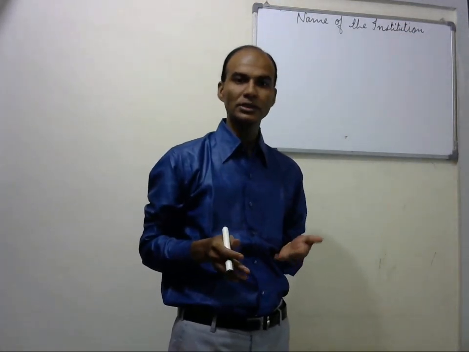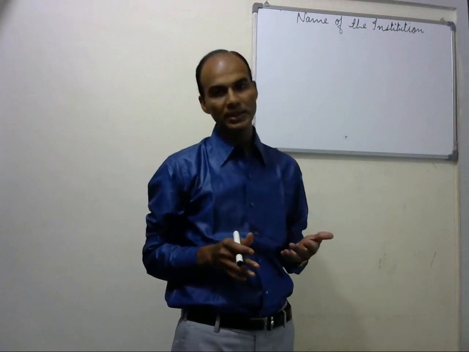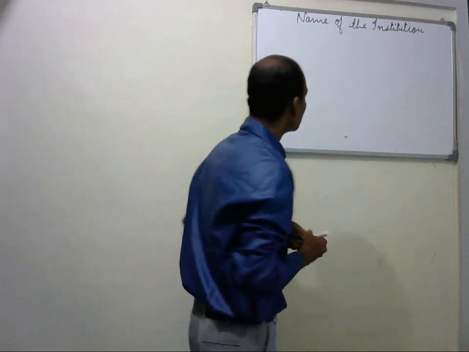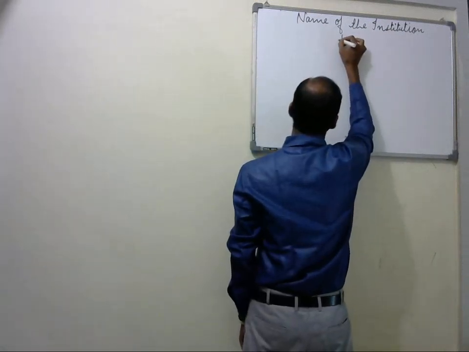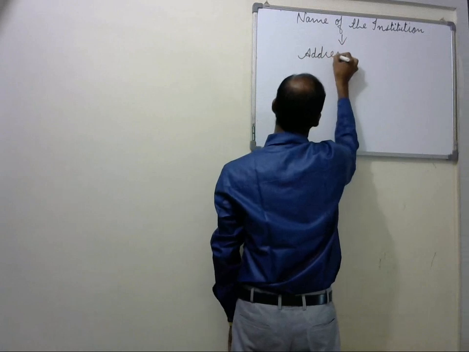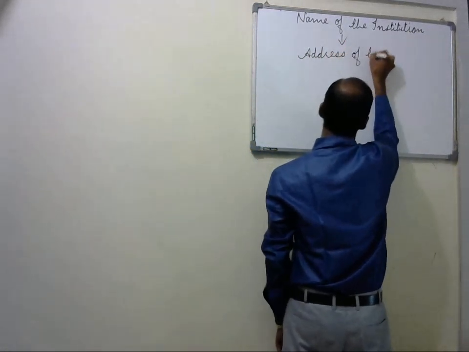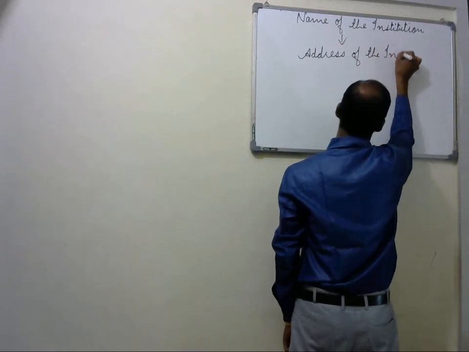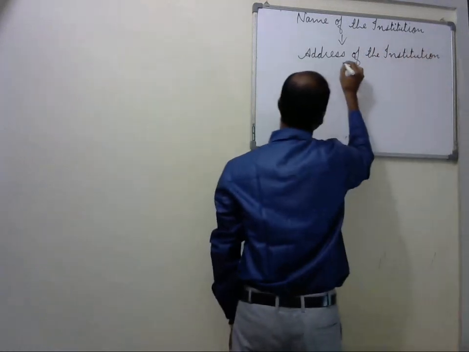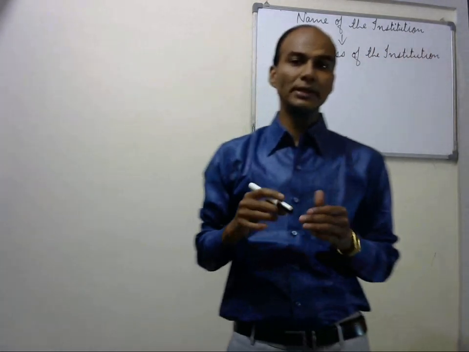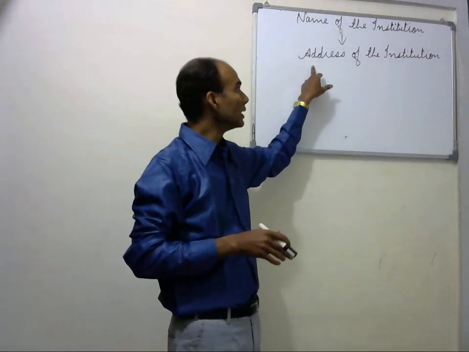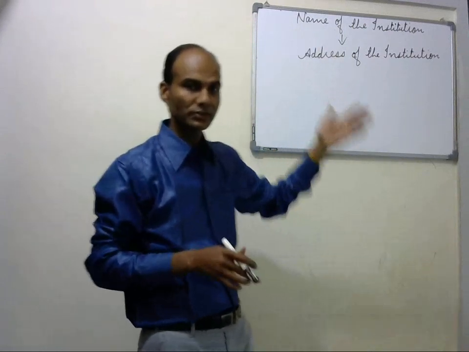Generally the notices given to you in your exams are related to schools. So first we write the name of the school. In the second line, you can write the address of the institution. Now it's not necessary to write the address in the second line. It can be included in the first line as well if it is short.